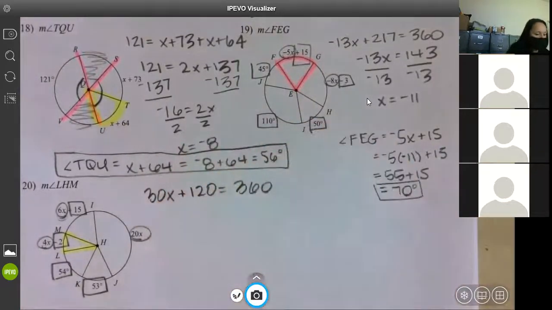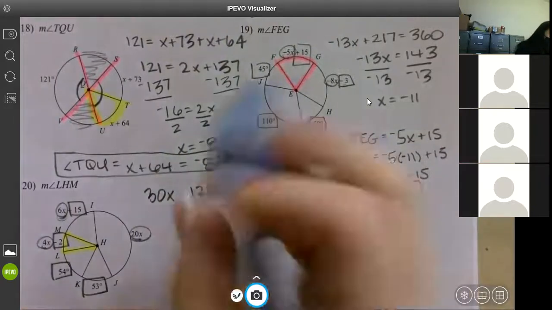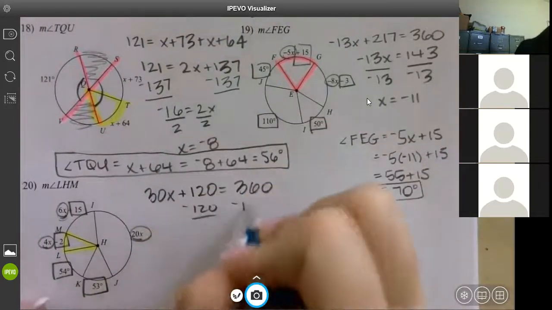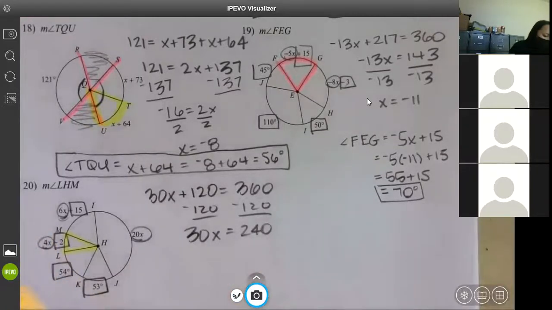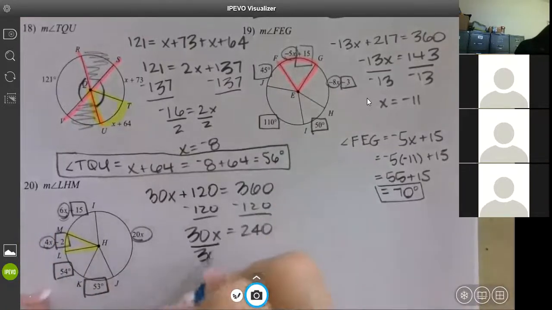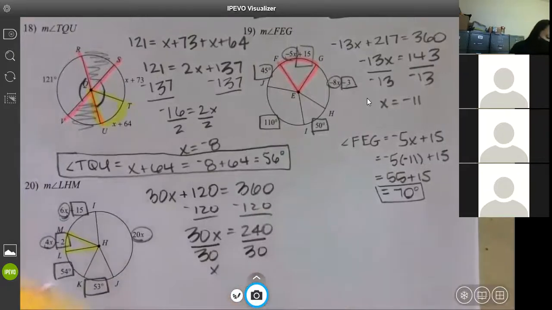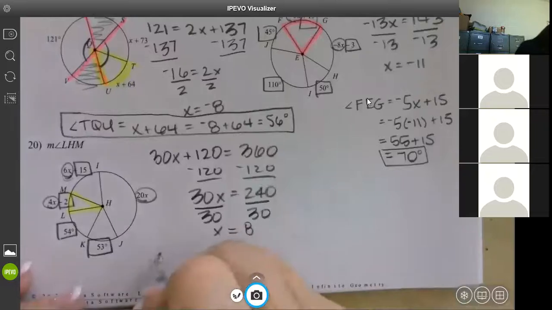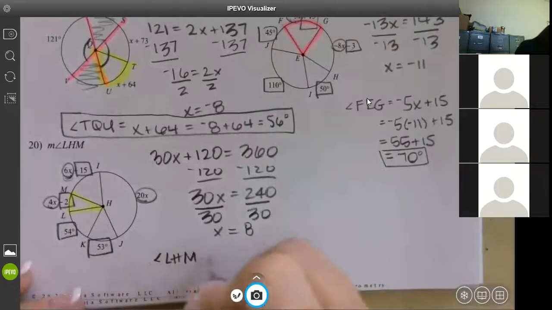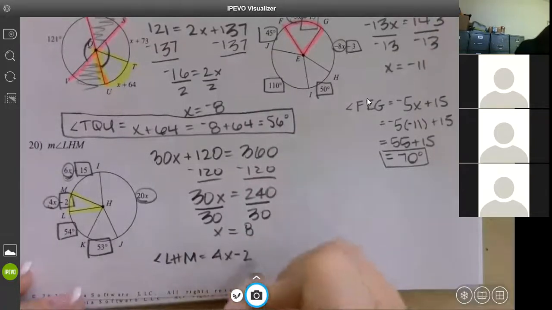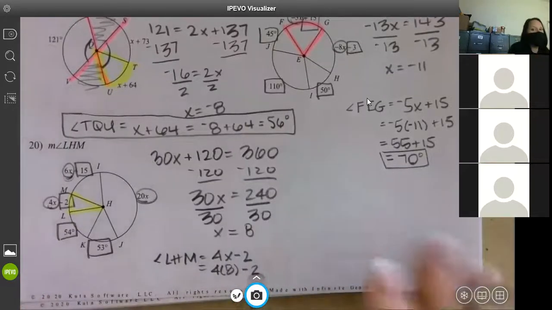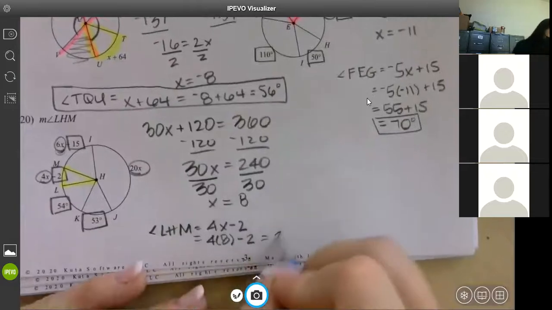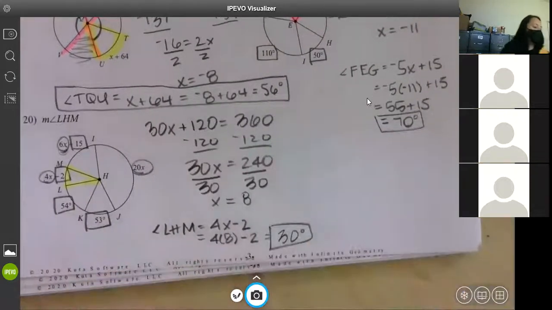And it's the full circle, 360. Subtract 120. I get 30x equals 240. Divide by 30. I get x equals 8, but that's not what I wanted. I wanted angle LHM, which is 4x minus 2. So 4 times 8 minus 2. 8 times 4 is 32, minus 2 is 30.